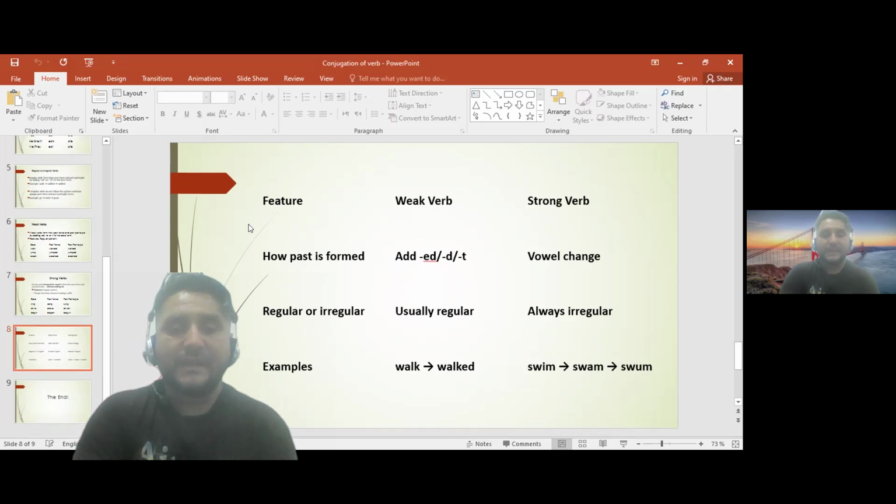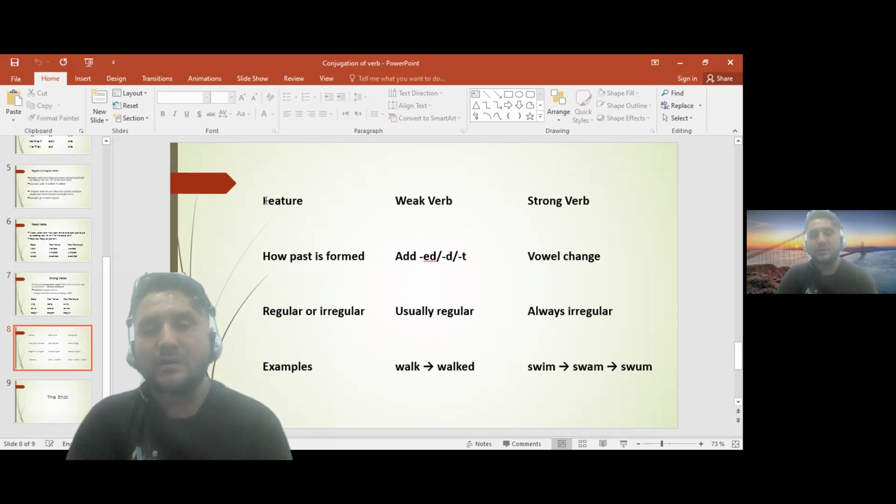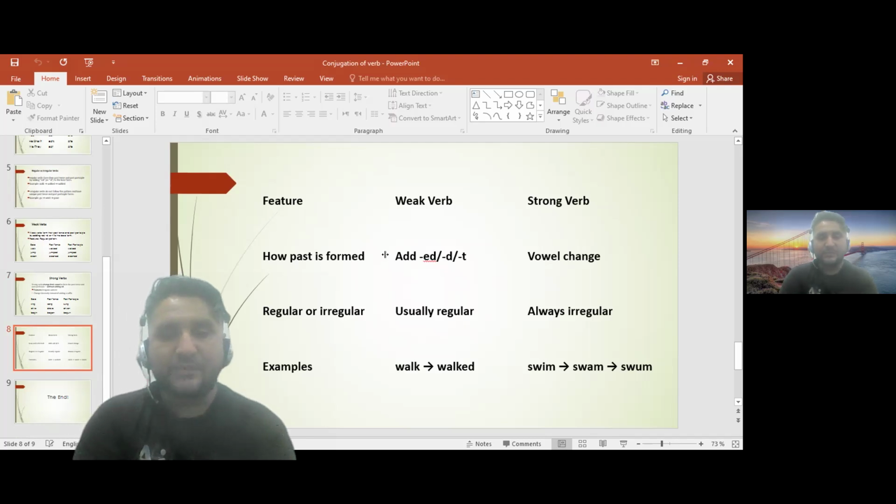Then we understand this table, and we'll link the strong verb and weak verb to the regular and irregular verbs. There's some element of commonality between all of these four types of verb. So first of all, the feature: weak verb, strong verb. And how past is formed: weak verbs add ed, d, or t.